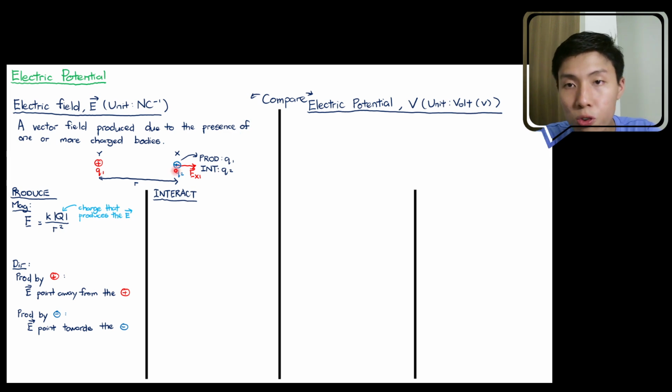So over here at this position X, there's electric field produced by Q1, and because Q2 is standing at this position, it'll be interacting with the electric field at X, and the electric field at X is produced by Q1.